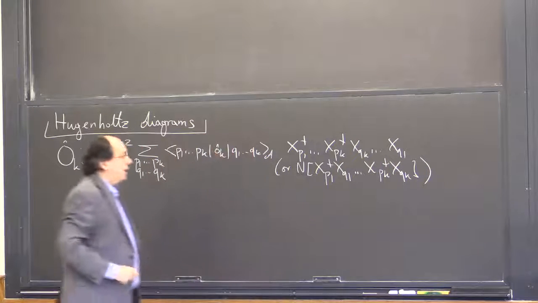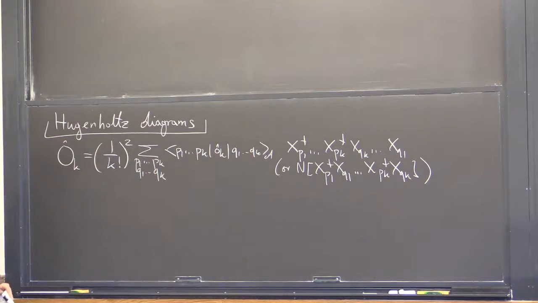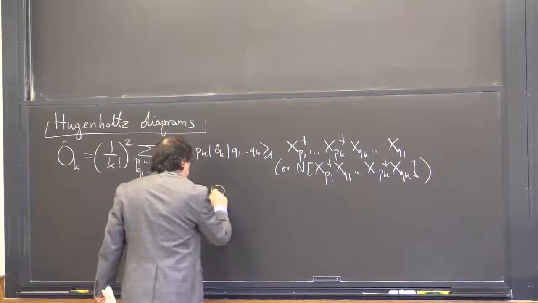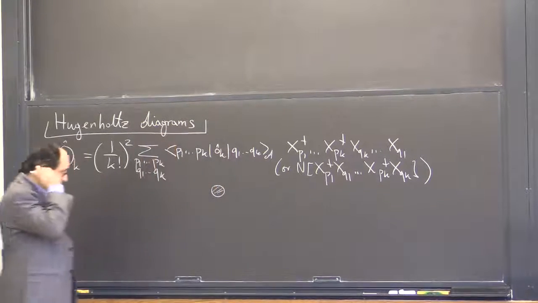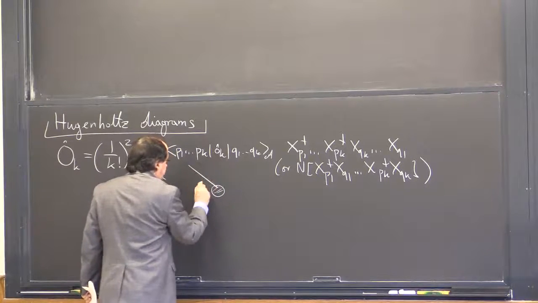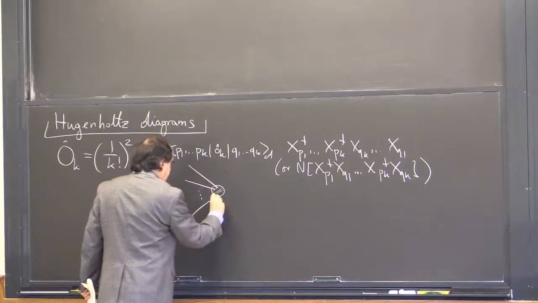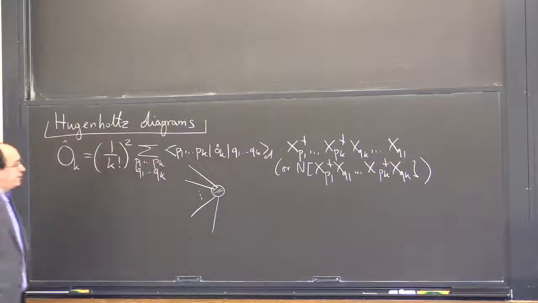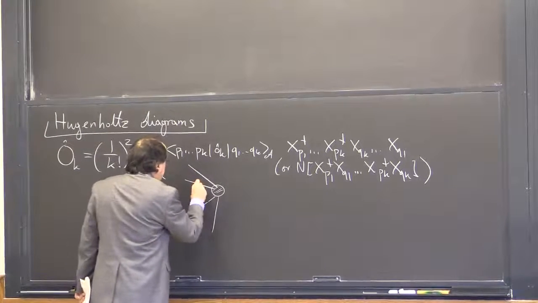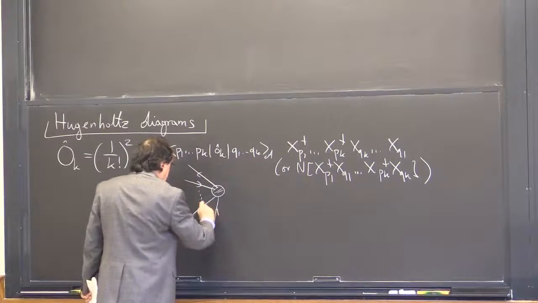Okay. Then the diagram that represents this expression simply will be some sort of a vertex. I'm going to maybe draw it this way, and I will have simply a bunch of lines that come into it and leave it. Okay, without in this case any particular orientation, because the p's and the q's are not defined in terms of their particle hole character.